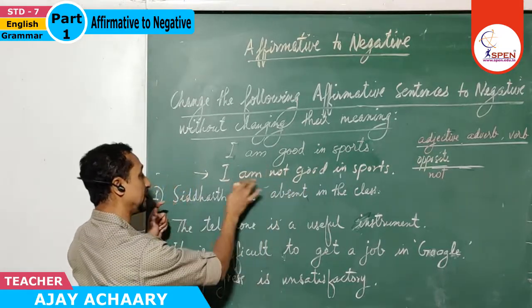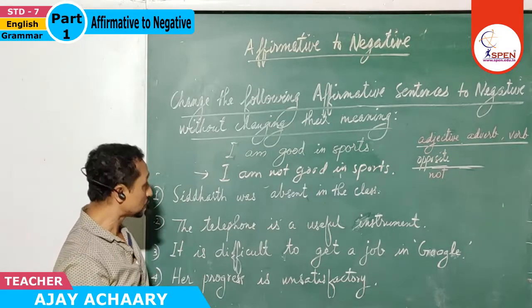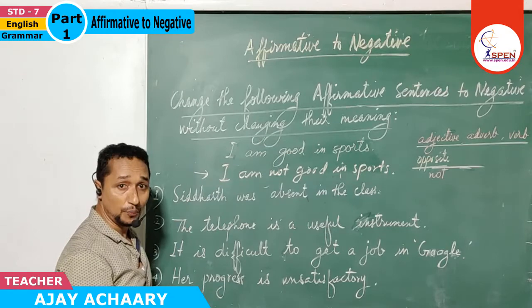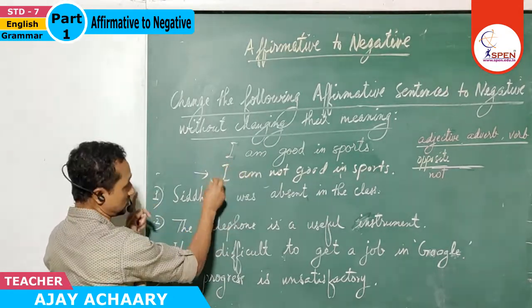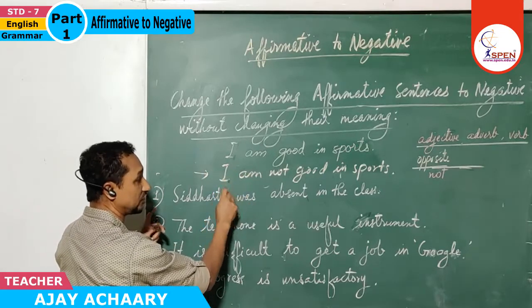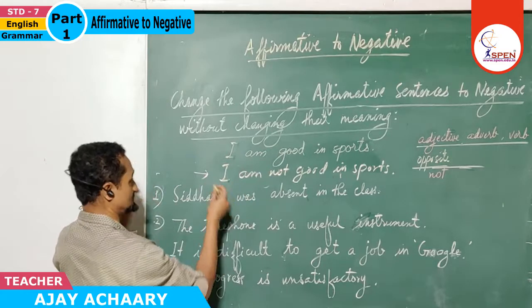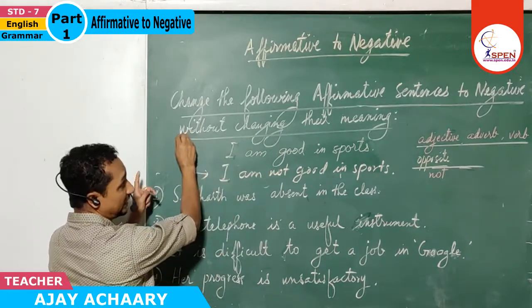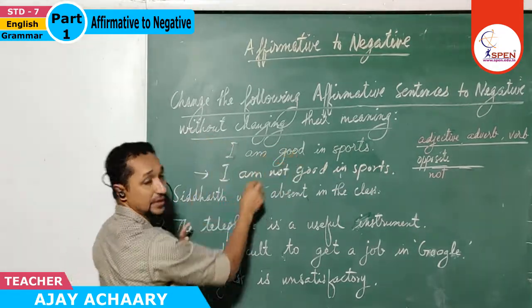But check the meaning of both the sentences. I'm good in sports. I'm not good in sports. Our negative sentence has the opposite meaning of the affirmative sentence. That cannot be done, because we need to change the affirmative sentence into a negative sentence without changing its meaning.